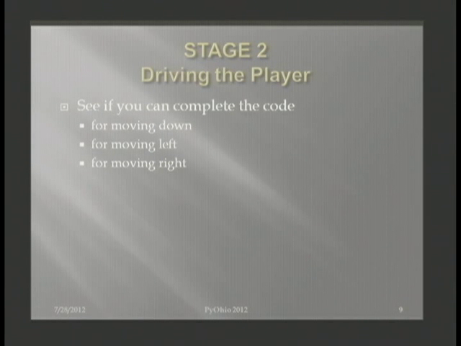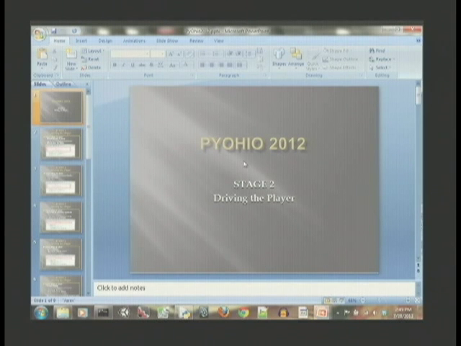And here is where, if you were to go into stage 2, the Python code is there, it's incomplete. You would want to see if you could write the code for the other 3 directions.